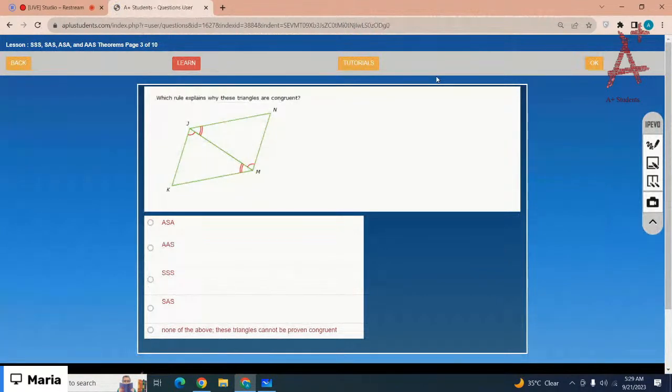Okay, which rule explains why these triangles are congruent? Okay, angle J is congruent to angle M. They have two angles congruent and one side, right?